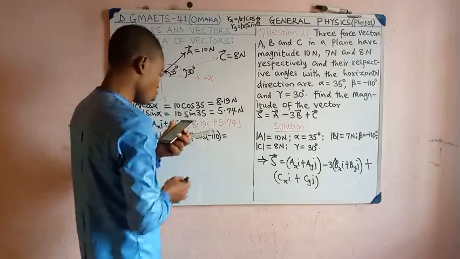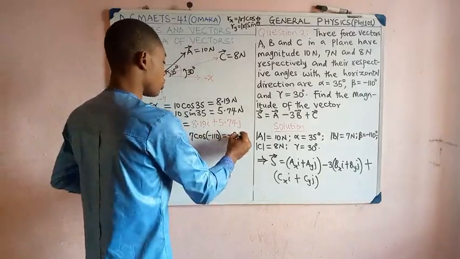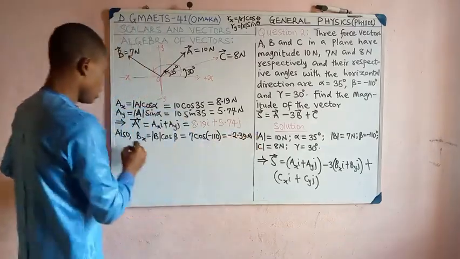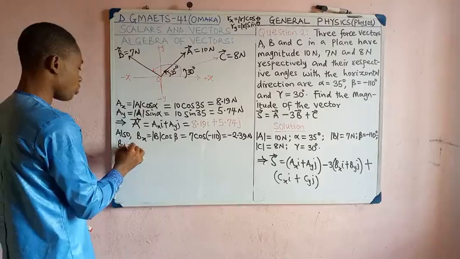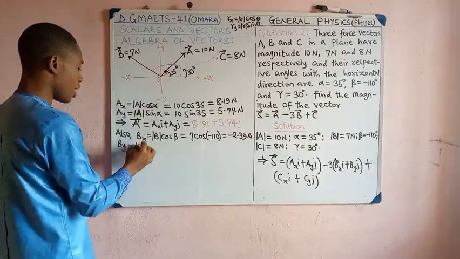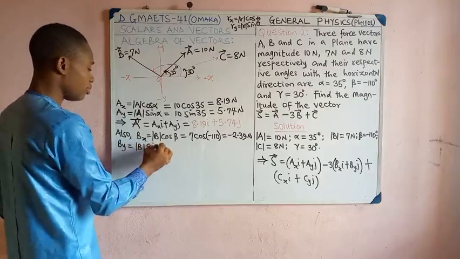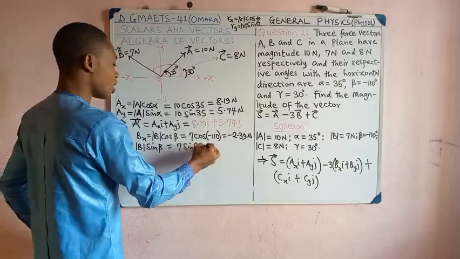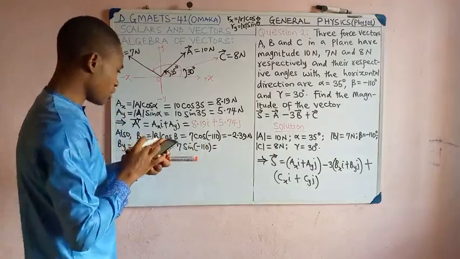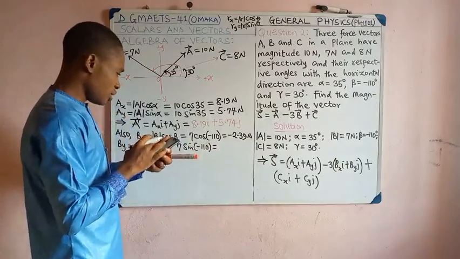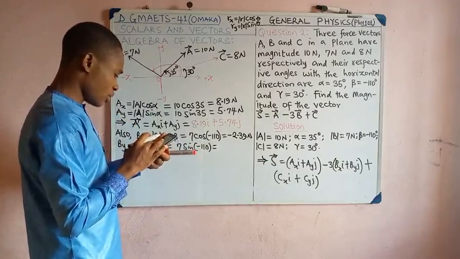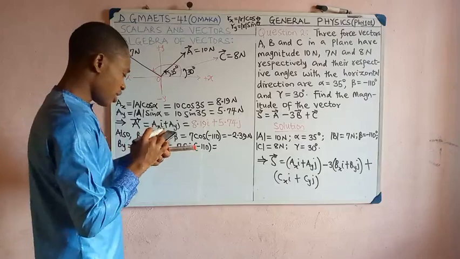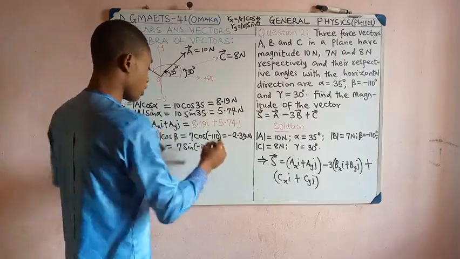That is minus 2.39 Newton. Then we obtain the y component of B, which is magnitude of B sine beta. Of course, that's going to be 7 sine minus 110. Let's work it out and see. 7 sine, open bracket, minus 110. So that's giving us minus 6.58.